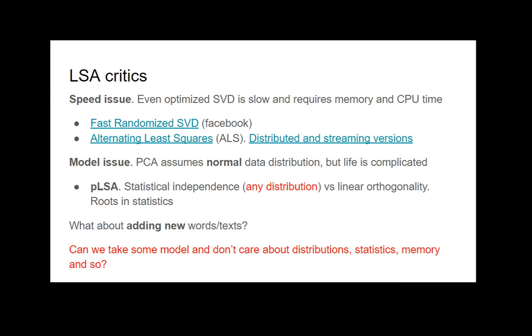So what is missing for LSA? I think the significant issue of the approach you used in your lab was the following. SVD, as any linear algebra method, will require you to have the whole matrix in memory, or at least on the hard drive. For contemporary systems, the number of documents is billions and the number of features is hundreds of thousands, so you cannot fit it on a single machine.